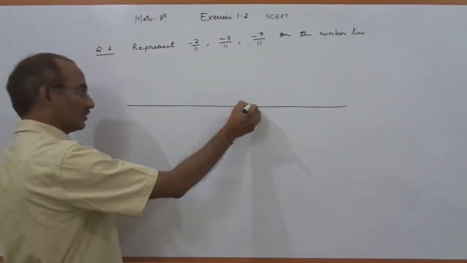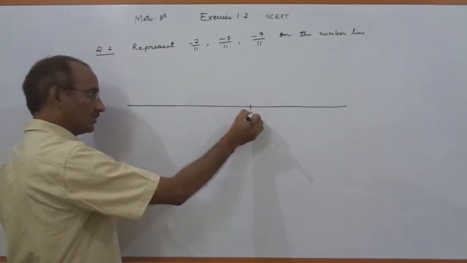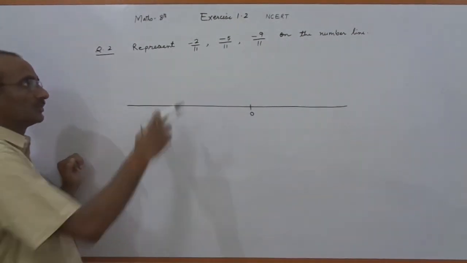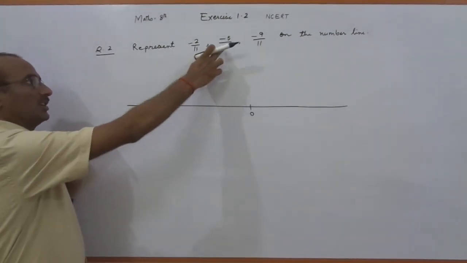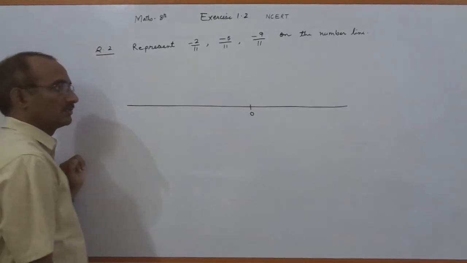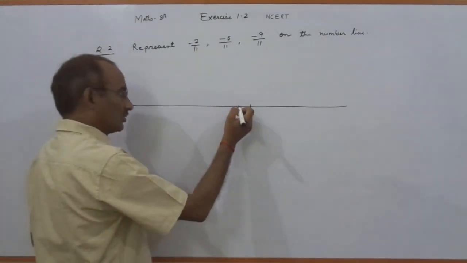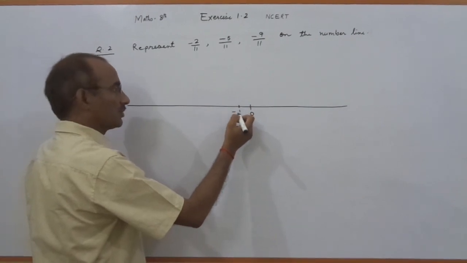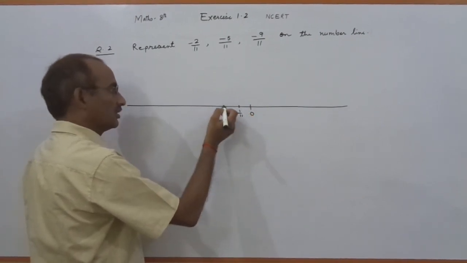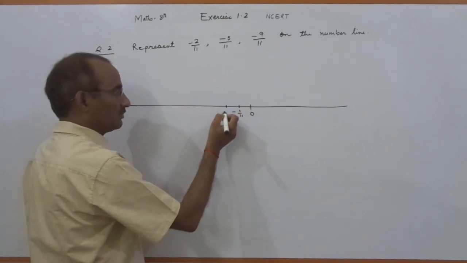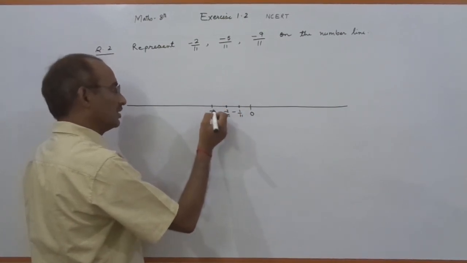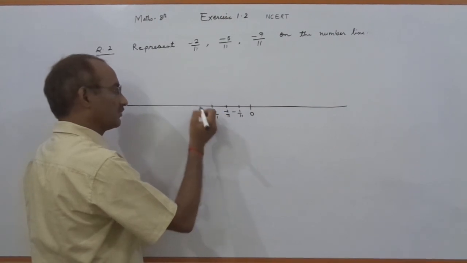So this is our number line and here is 0. Here we have 11 in the denominator. So we start the first point from minus 1 upon 11. And the second point will be minus 2 upon 11. And third is minus 3 upon 11.